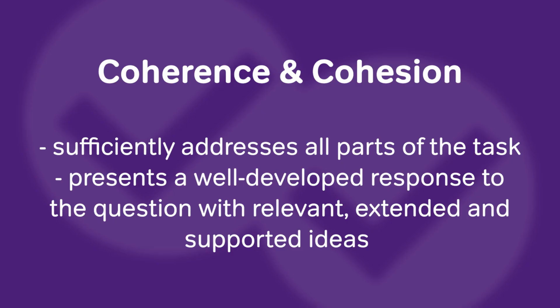Okay, and then the fourth category on your writing rubric is task achievement, task response. In this one, really what they're looking for is that you simply fulfilled all the requirements of the prompt that they gave you. So what does that mean? Well, on the one hand, it means that you sufficiently addressed all parts of the task.